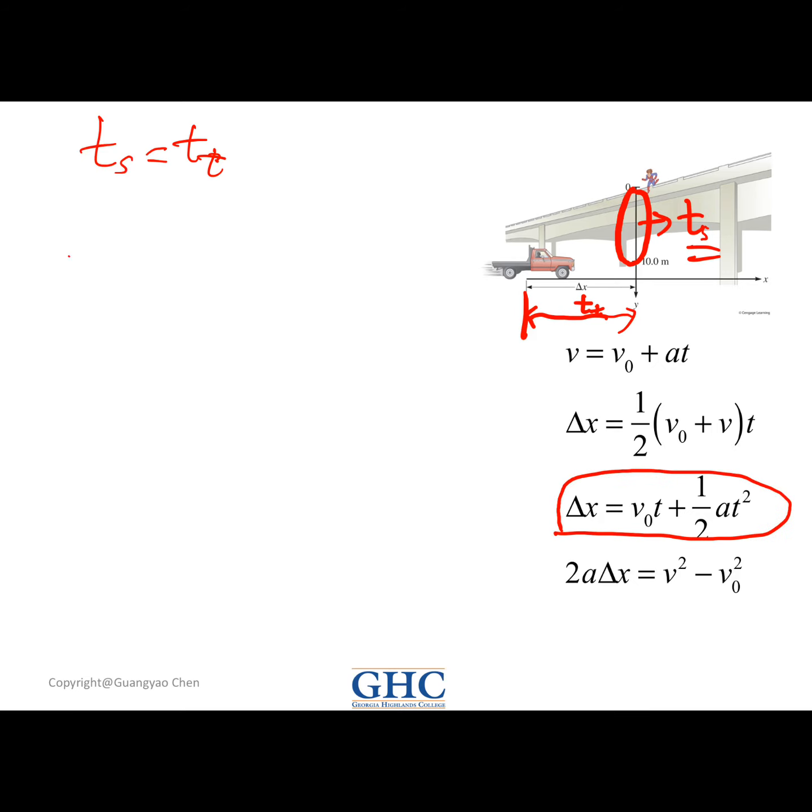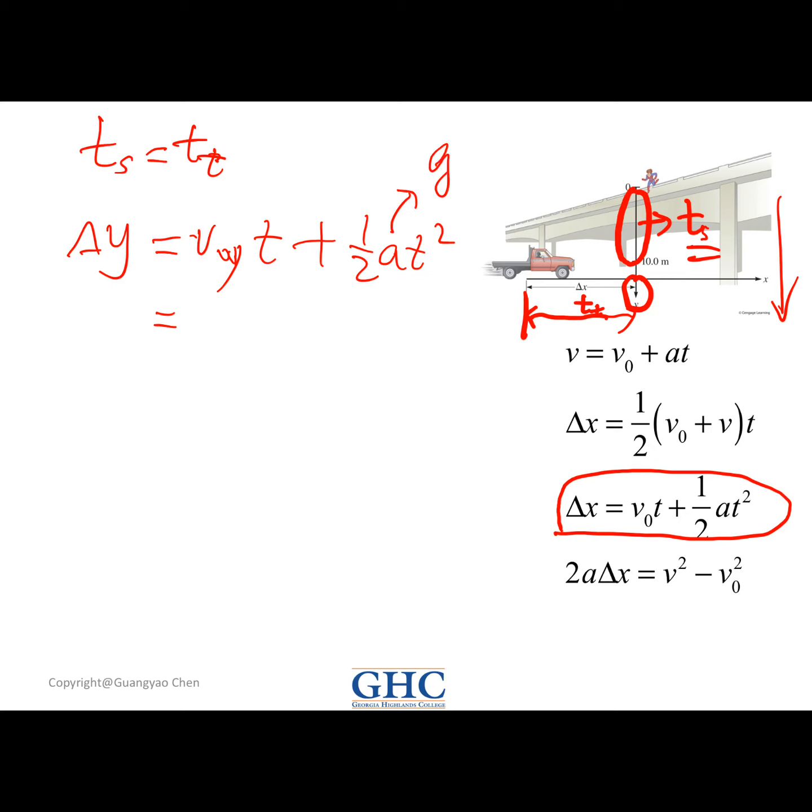So in the y direction, it will be delta y equals, and we choose down to be positive in the y direction, if you notice, initial velocity of Superwoman in the y direction times t plus 1/2 a t squared. And we all know for free fall, acceleration would be g, roughly equal to 9.8 meters per second squared.